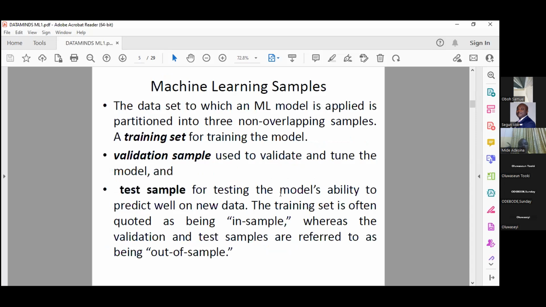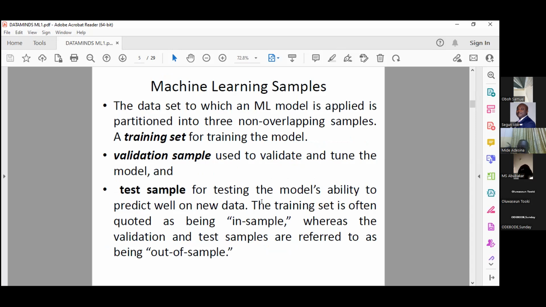Now, let's look at the samples that we consider in machine learning. The first one is the training set. The training set is usually used to train our system, to train our model. Then we have the validation sample, and this sample helps to tune the model.